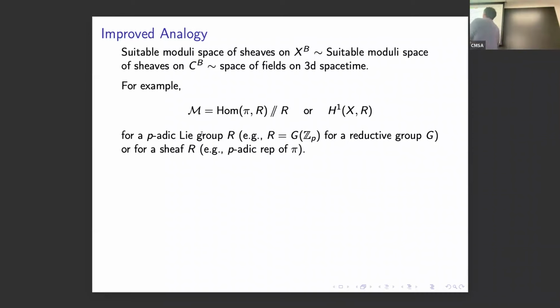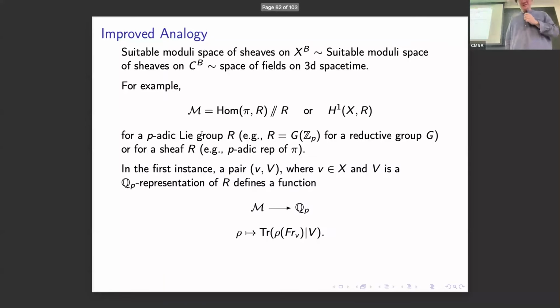It's very natural to see these as fields in the sense of physicists, and to tie this to the central objects in number theory. For example, suppose you take one of these primes inside X, and also fix a finite representation of R.